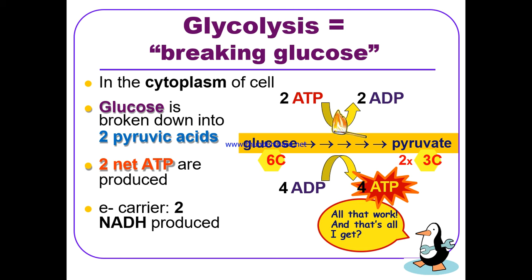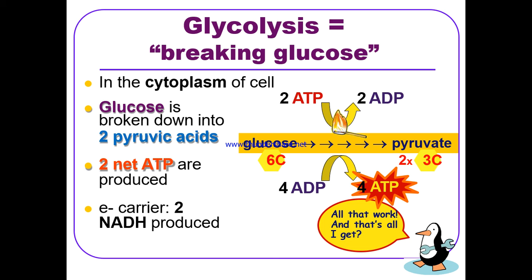So during this process, the cell consumes 2 ATP molecules and produces 4, so the total ATP formed is 4. 2 ATP are used during this process and 2 ATP are net formed.